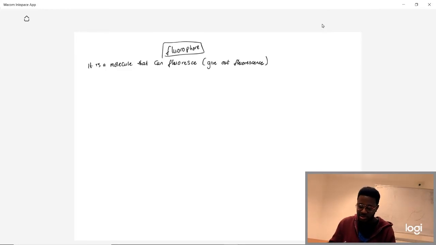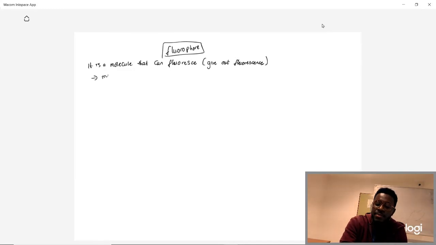So what kind of molecules can be fluorophores? For you to fluoresce, the first thing you need to do is absorb light, right? It's very important. So molecules that can absorb light, usually in the visible spectrum.